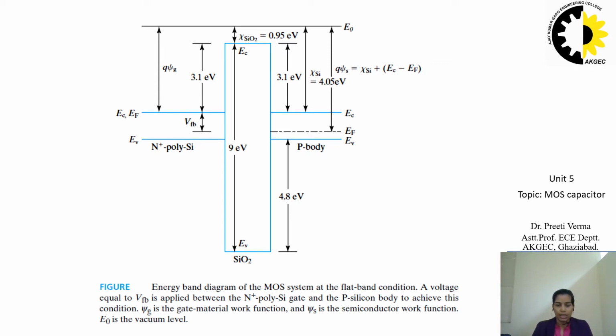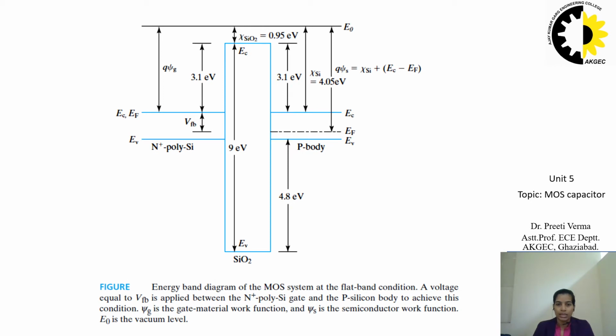Finally, Ef, that is the Fermi energy level of the N plus polysilicon gate, may be assumed to coincide with the conduction band energy level. That is just for simplicity. In SiO2, the exact position of Ef has no significance. It does not need to be placed at an exact position.